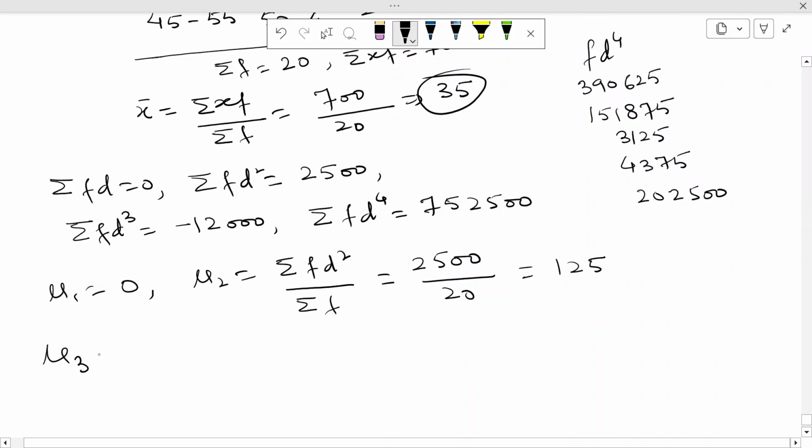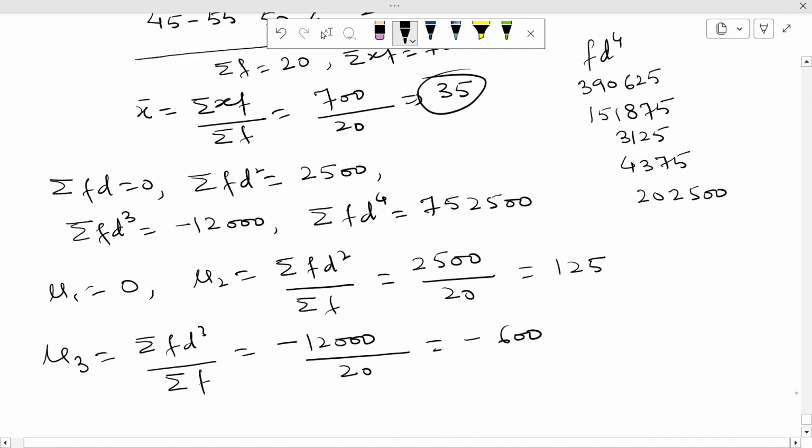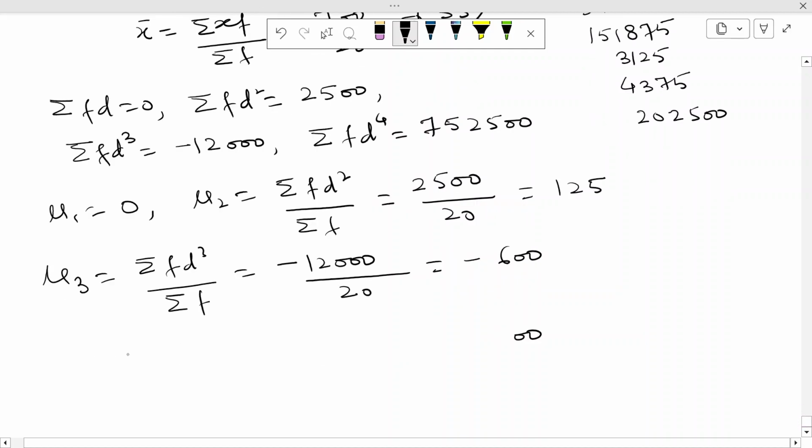Now next is mu3, and mu3 is summation fd cube over summation f. So summation fd cube is minus 12,000, and we have to divide this by 20. So this gives you the value of mu3 as minus 600.